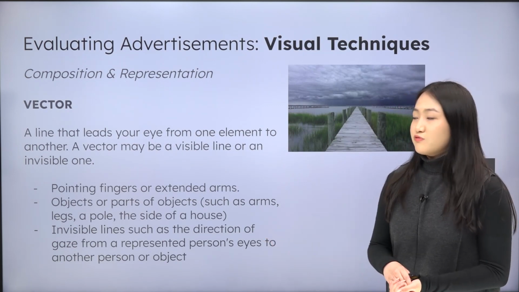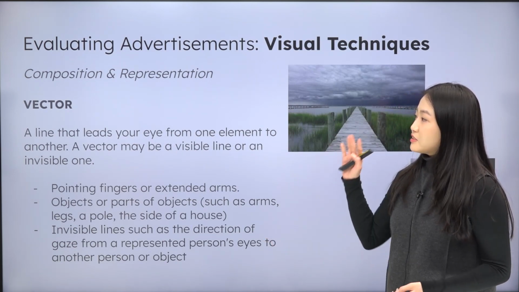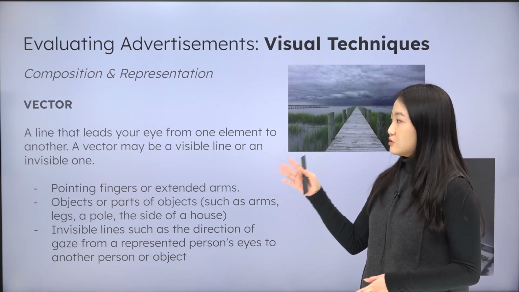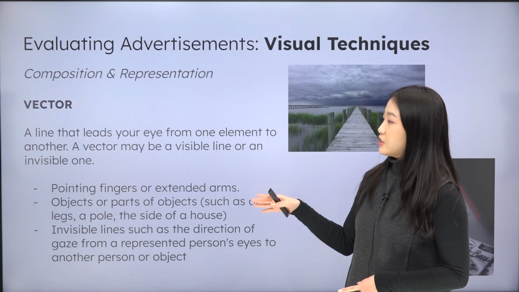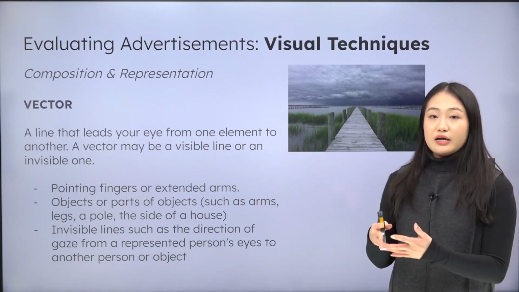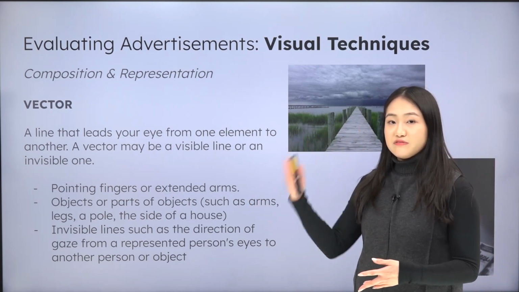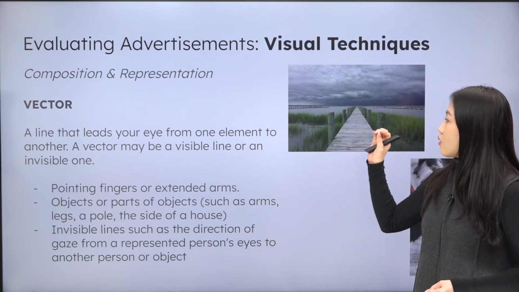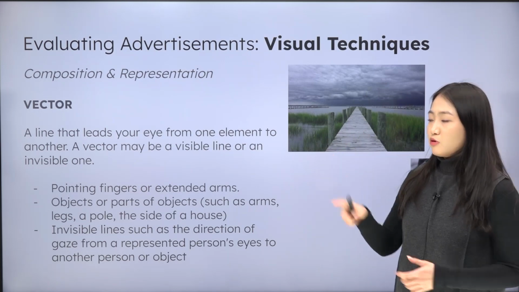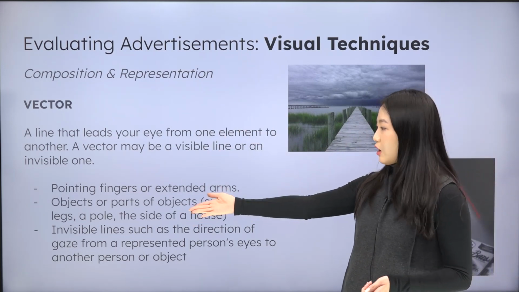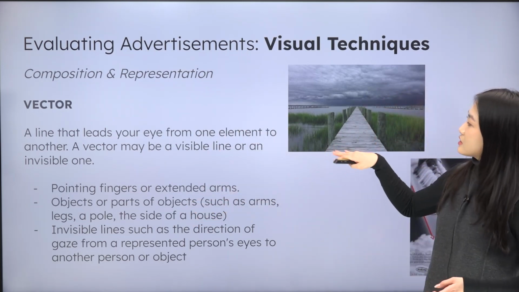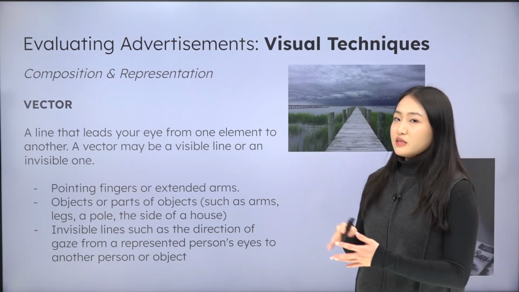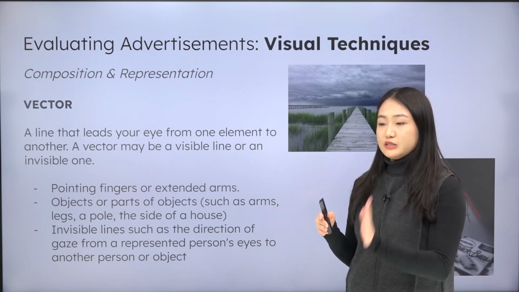So as I mentioned before, I mentioned vector. So what is vector? A line that leads your eye from one element to another. So this vector or a line can be either an invisible line or a visible one. So usually vectors are built off either by pointing fingers or extended arms, or even objects like bridges, or a pole, or anything that creates certain lines visually.